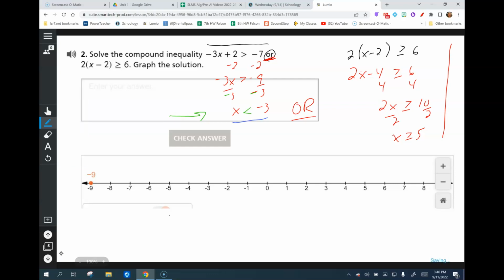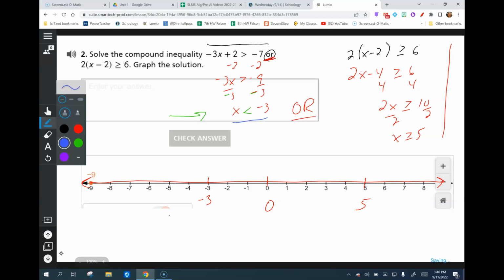Now I have a number line on mine, and you do not. So all you're doing is drawing a line. You don't have to have all these numbers. You need to have the negative 3, and you need to have the 5, and let's put a 0 in there. And now we're going to graph. So x is less than negative 3.